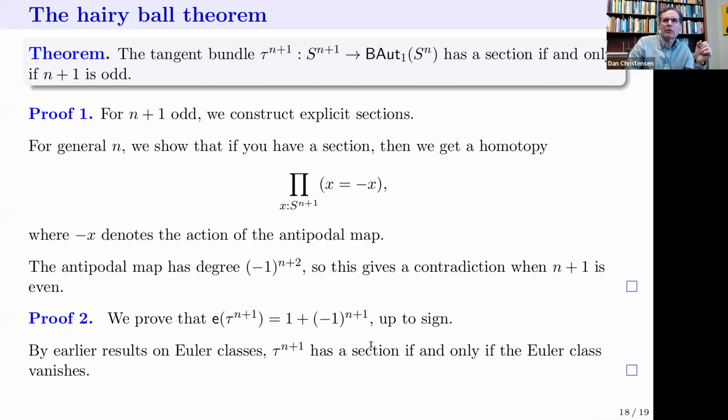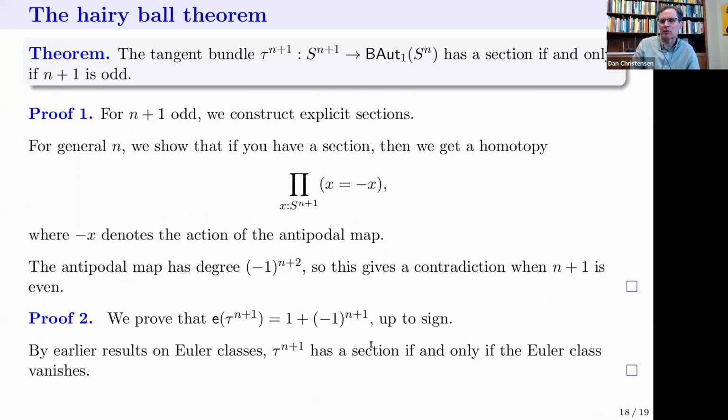So we haven't tried to do this for a general cell complex with cells up to dimension n+1. It should work. We just haven't thought about how to do that. And in terms of a generalized Hairy Ball theorem, whether a tangent bundle has a non-zero section is a very rich story, and it depends on the base space.